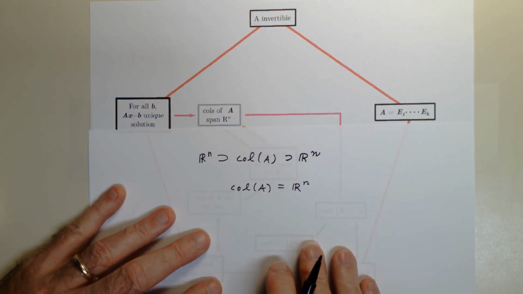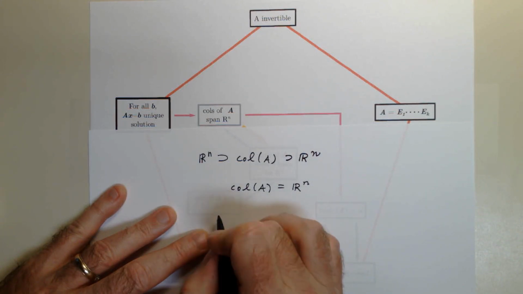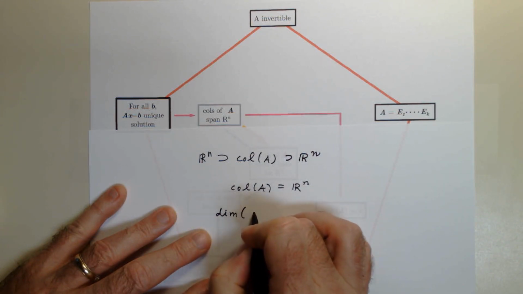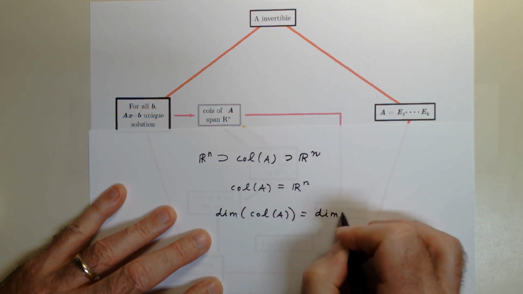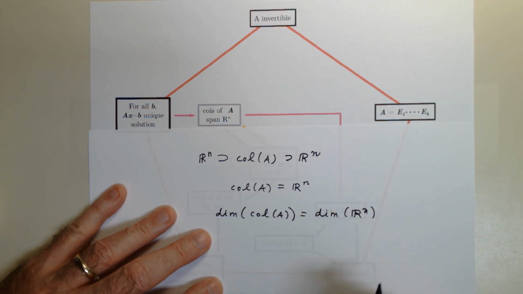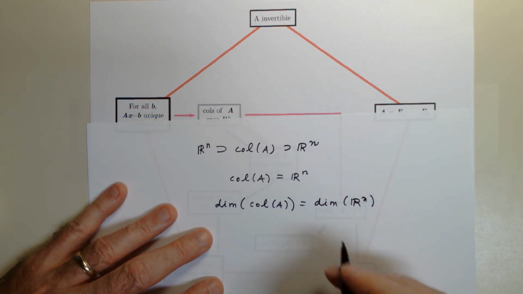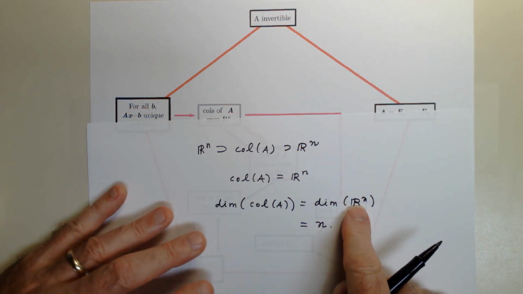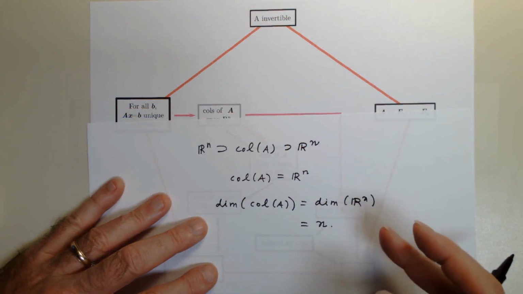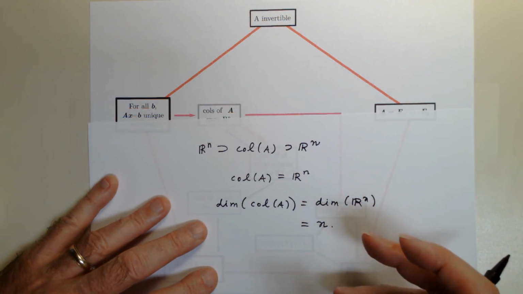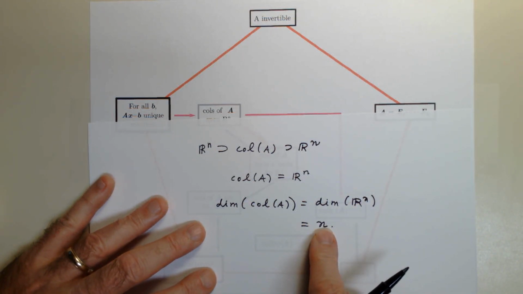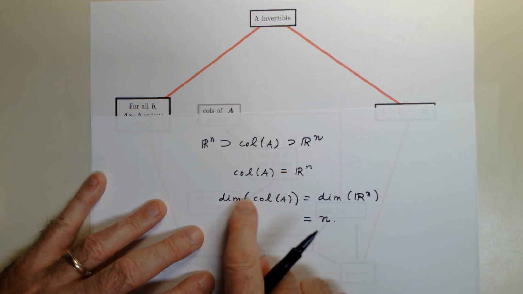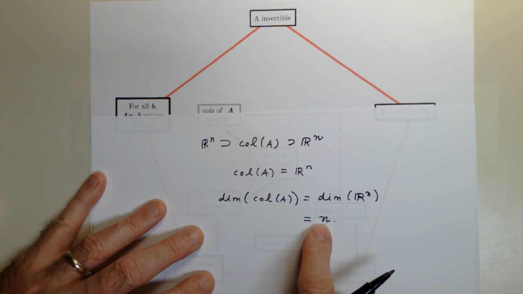All right, so that's idea one. Now, the dimension of the column space of A is therefore equal to the dimension of Rn. On the other hand, the dimension of Rn is clearly equal to n because I can find a very simple basis for Rn, namely the n standard unit vectors. And since those n standard unit vectors form a basis for Rn, the dimension of Rn is simply n. So we're being told that the dimension of the column space of A is equal to n.